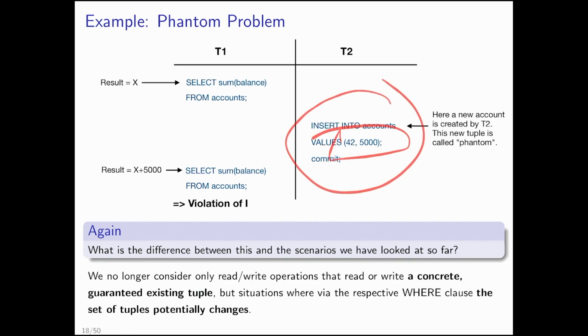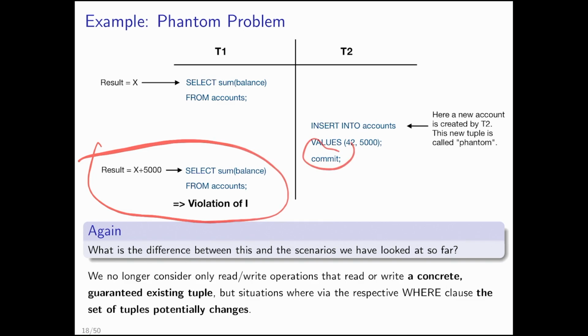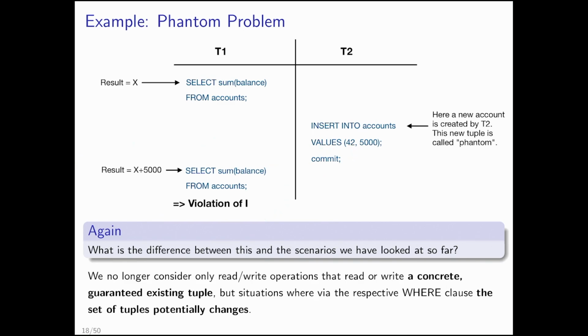So account number is 42 and has a balance of 5,000, and does commit. Now you run the same query again. You compute the sum of all accounts and you get a sum that is 5,000 higher than the x you read before. So it's kind of a repeatable read, however, on the tuple level. And the problem is that you do not catch that with the strict 2PL I introduced before. Why?